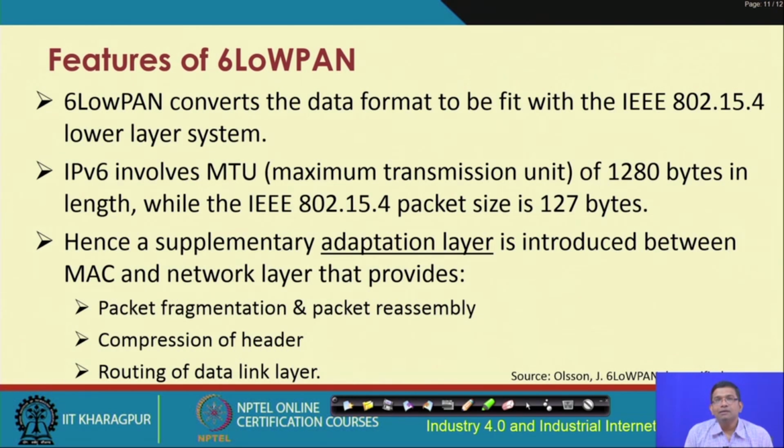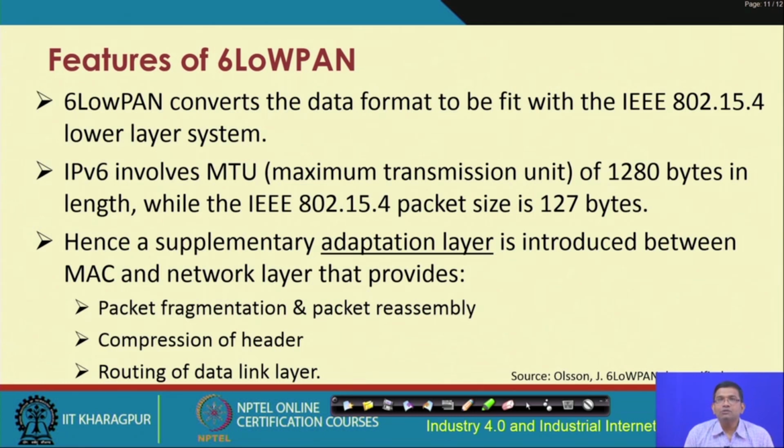So, now you see that there is a big mismatch: 1280 is permitted by IPv6 and 802.15.4 allows 127 bytes only. This can be achieved with the help of a layer known as the adaptation layer, which is introduced between the MAC and the network layer, and that can help in packet fragmentation.